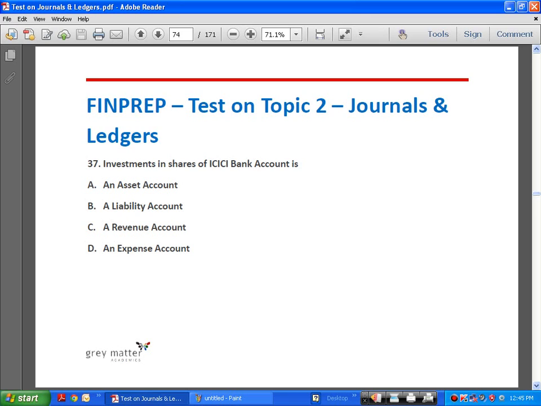Which means, suppose you bought it at 1000 rupees, you can make a profit of 200 rupees minus the brokerage if you sell the shares after one month. So an investment in shares is made either with the purpose of earning dividend or for capital appreciation. So it qualifies as an asset because a future economic benefit is expected from such an investment.